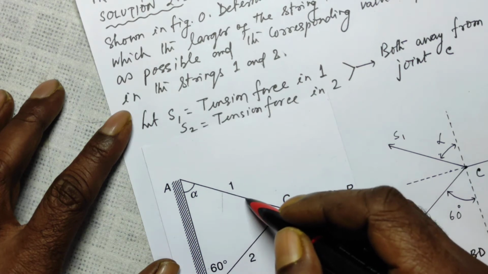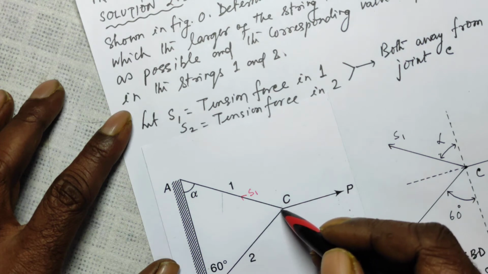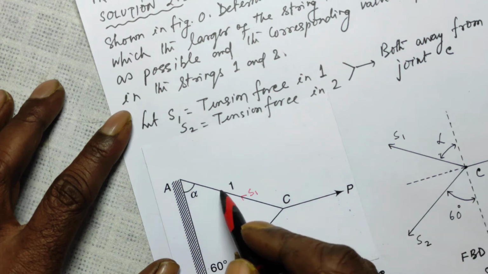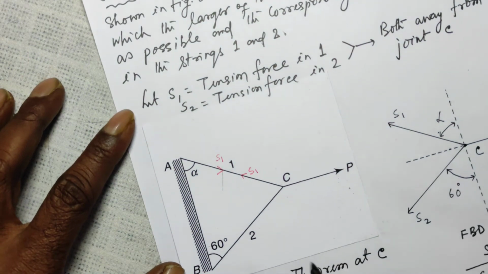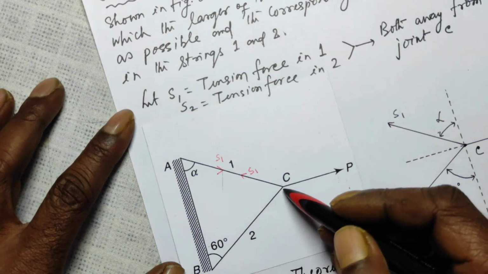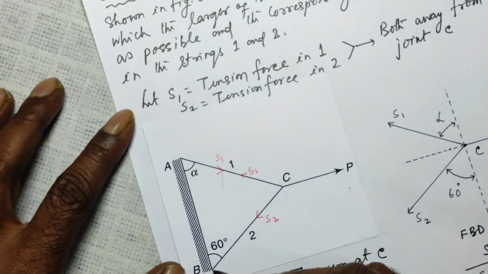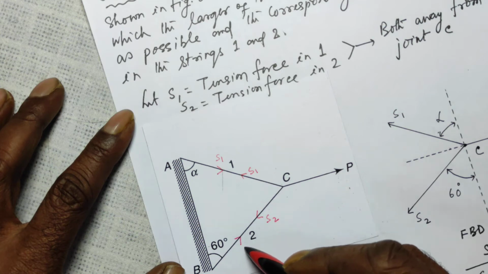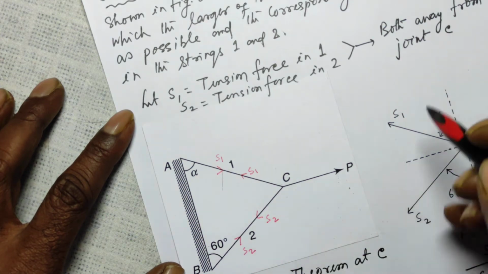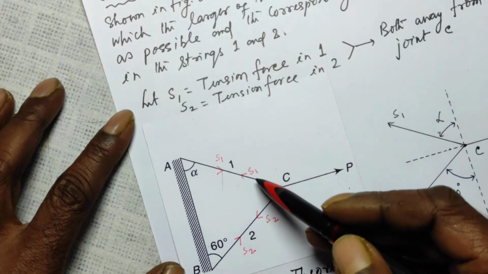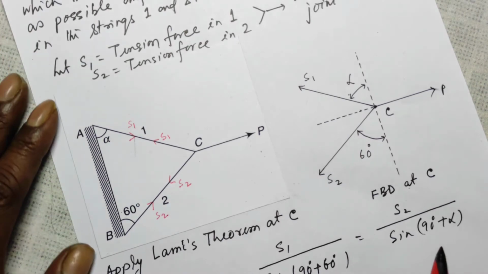It will point away from the joint. Similarly, for string 2, at point C, S2 is to this side. Both S1 and S2 act away from the joint C. I have drawn the free body diagram at point C.